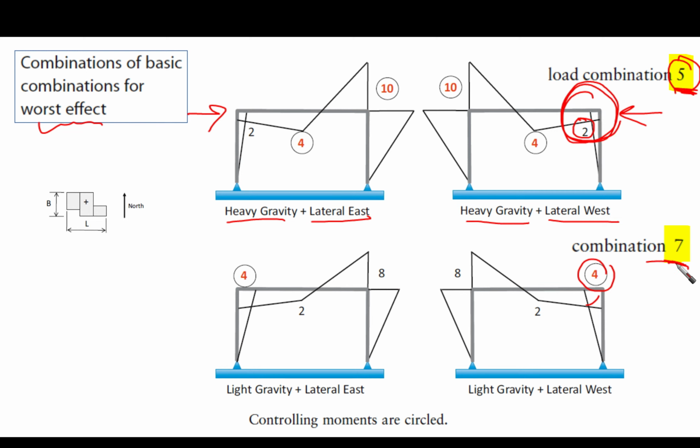But load combination 7 did. It is 4 here. And similar also in this corner, it is here the light gravity with lateral east. Okay, so it is coming from here. This is the controlling moment. So this means that load combinations 5 and 7 are both important.